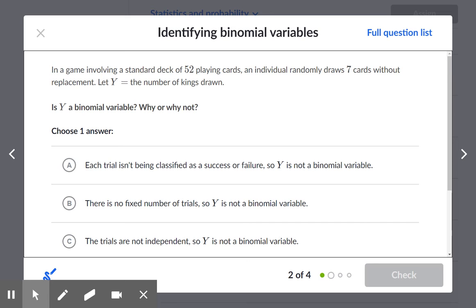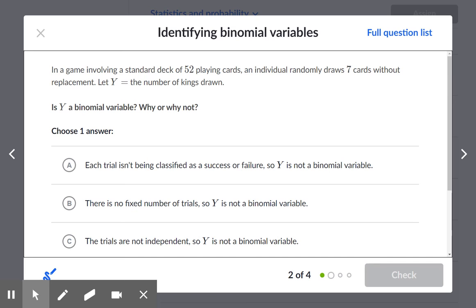So it's binary. How about I? Is it independent? Well, each card should not affect the other card, but it actually does if you think about it. I'll elaborate on that when we get to the probability of success part. And fixed number of trials, yes, it's fixed because it's 7 cards.